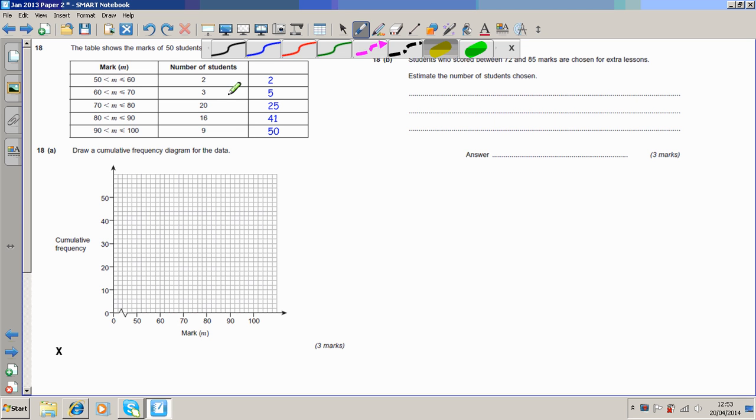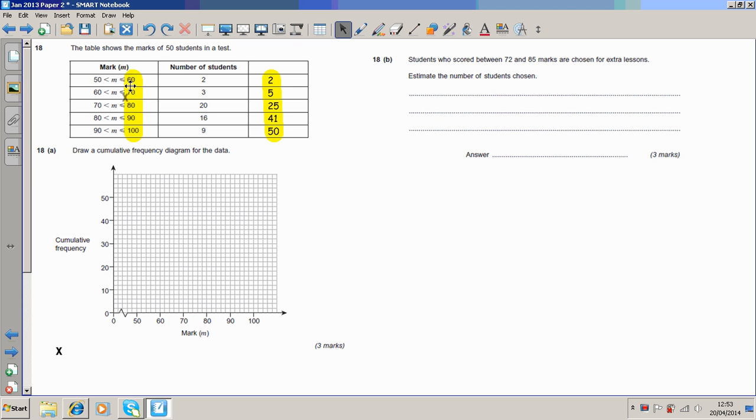And the key to this, whenever you do these, is you plot your cumulative frequency against your upper bounds. The reason is because everything up to 60 is 2, everything up to 70 is 5, everything up to 80 is 25, so we use the upper bounds.